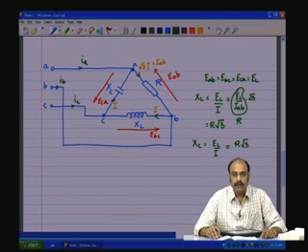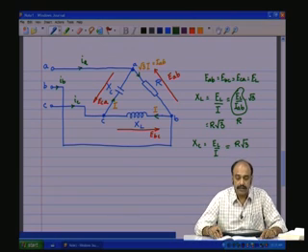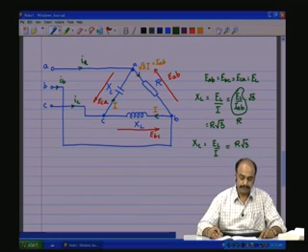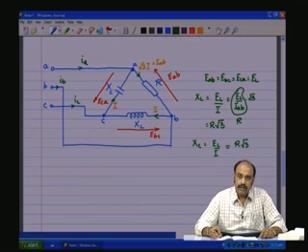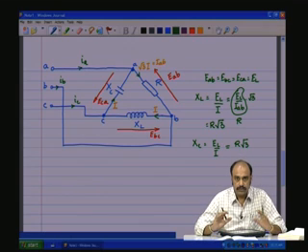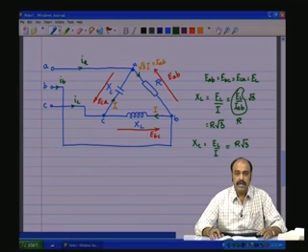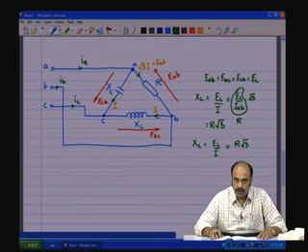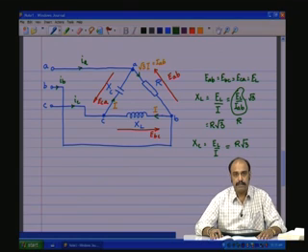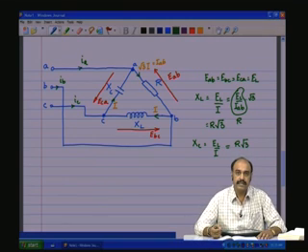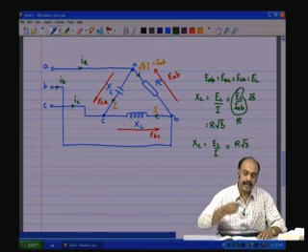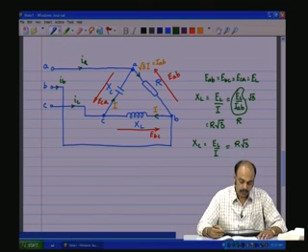One will be the forward path and one will be the return path, and the third line will not have any current flowing. So, it is an unbalanced system.